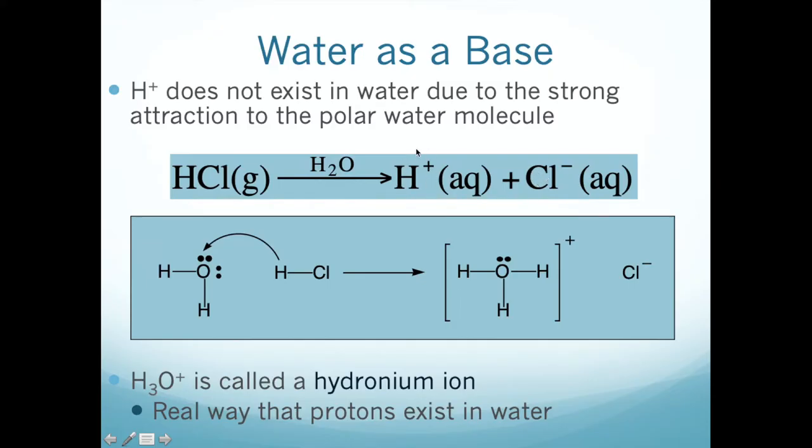Okay, and again, it's these hydrogen ions that make it an acid, according to Arrhenius. What's really happening is our hydrogen chloride molecules are reacting with water molecules. They're transferring that proton and becoming chloride. And in losing that proton or giving it away, HCl is acting as an acid here.